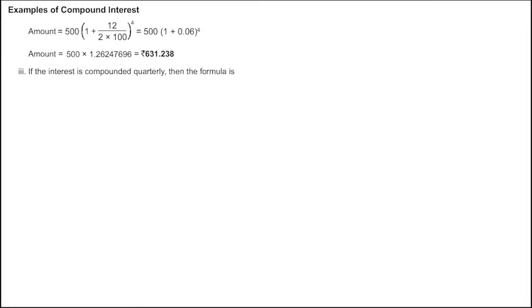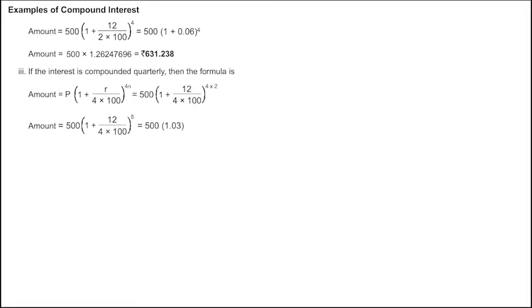Now when the interest is compounded quarterly, the formula used is amount equal to P into 1 plus R upon 4 into 100 whole raised to the power 4n. After substituting the values of P, R and N, we get A is equal to 500 into 1 plus 12 upon 4 into 100 whole raised to the power 4 into 2, which gives us 500 into 1 plus 12 upon 4 into 100 whole raised to the power 8.